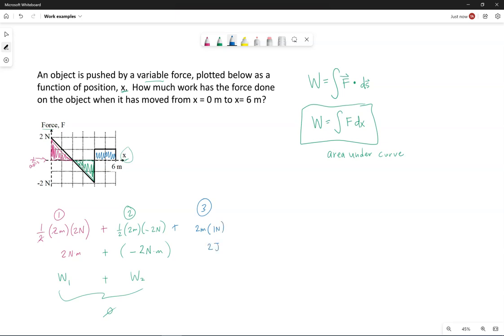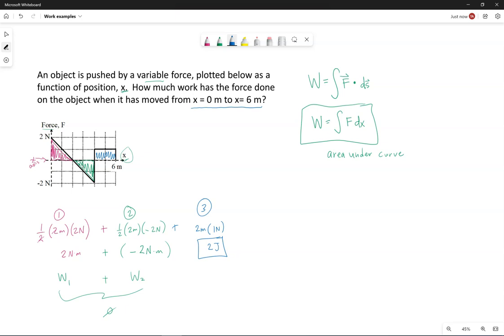So 2 joules. When we've added everything together, the result is 2 joules. So as this object moves from x of 0 meters to x of 6 meters, the total work done is 2 joules.